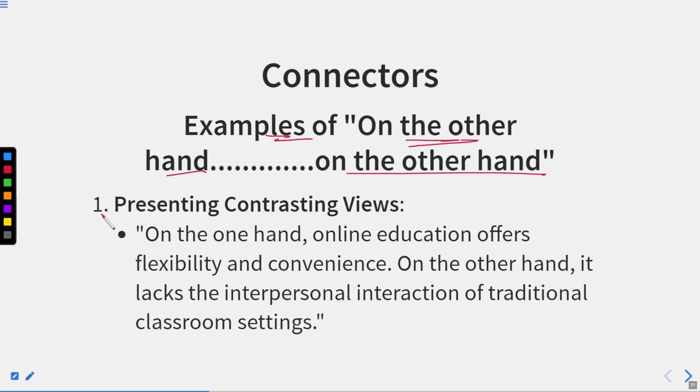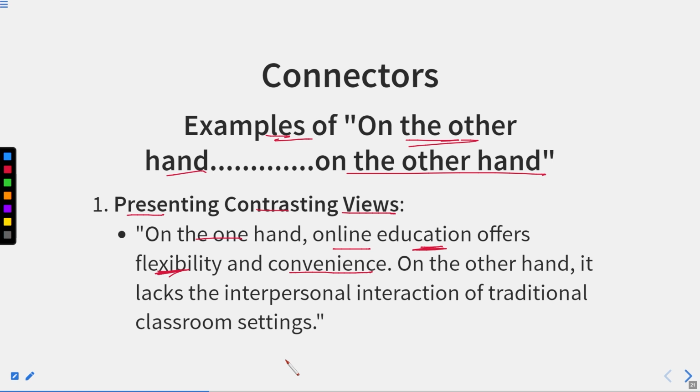Let us discuss them. First, we have presenting contrasting views. On the one hand, online education offers flexibility. Whatever online education is there, it provides us flexibility and convenience. Why so? Because we can study by sitting at home. We need not go anywhere, so that will save our time, our money, and also the risk of going there.